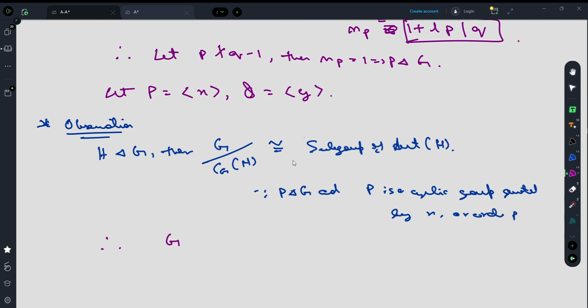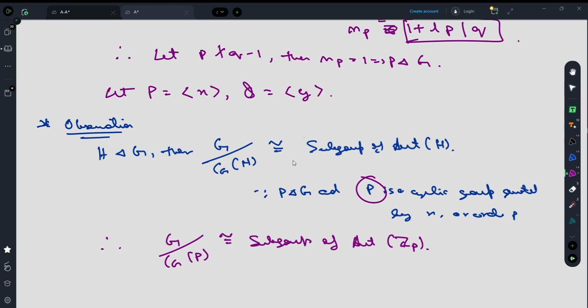Now since P is normal in G and P is a cyclic group generated by x of order p, we have that G mod the centralizer of P in G is isomorphic to a subgroup of the automorphisms of ZP, because P is isomorphic to ZP, being a cyclic group of order p.